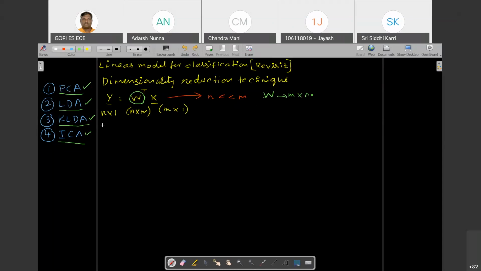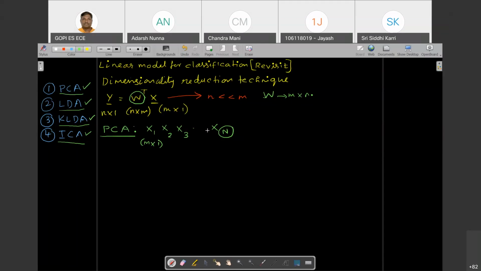For PCA, suppose you are given data like x1, x2, x3 and so on. We know that the individual size is going to be m cross 1, and you have n data points available in the data set.